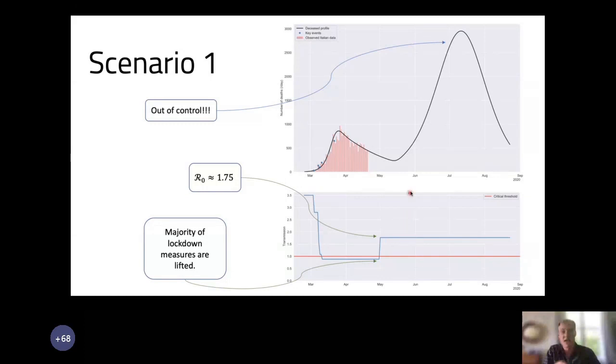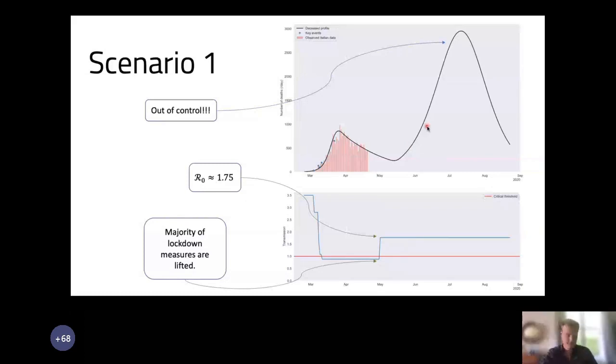So there's still a lot of changes in place and a lot of social distancing, etc. But we still see that the dynamics manage to run out of control again. And by out of control, I mean, for example, the NHS service is overrun, and you maybe see a higher death rate than normal. And you can see that just a small change in the R number can have drastic changes on the gradient of the slopes, and what happens.